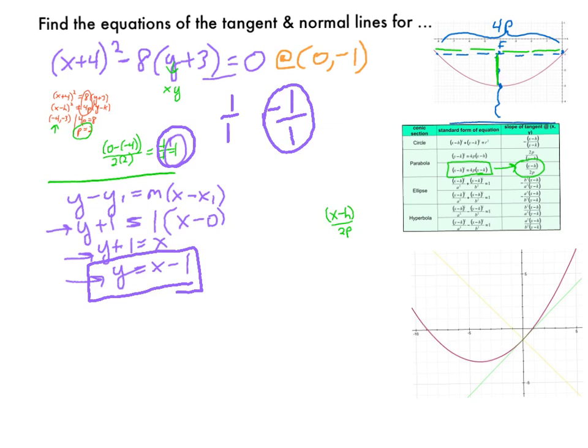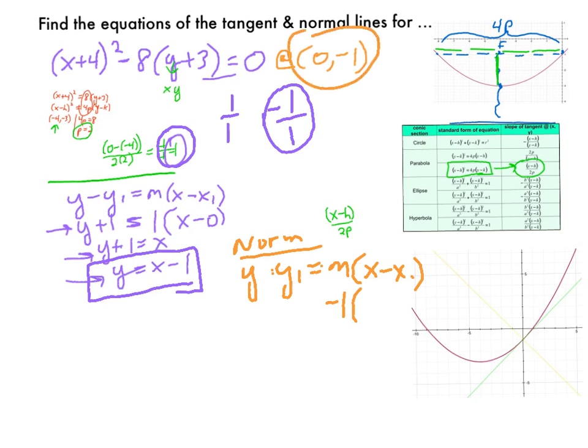All right, well, let's go back and do the normal line now. So this is for the normal line. y minus y1 equals m times x minus x1. And, well, the slope for that's going to be negative 1. And you know what? The tangent and the normal go through the same point.